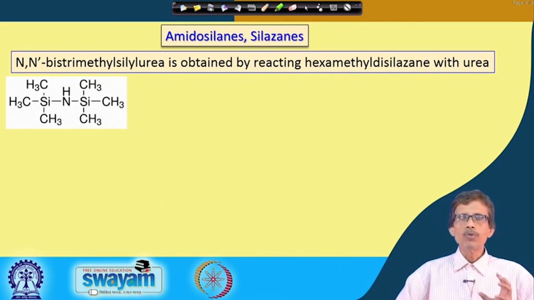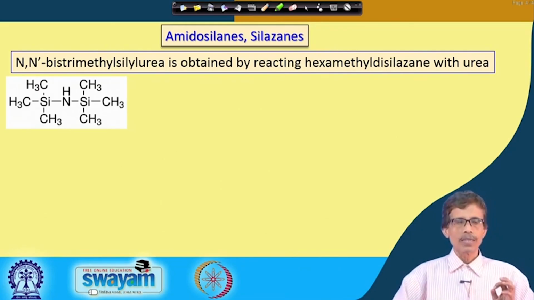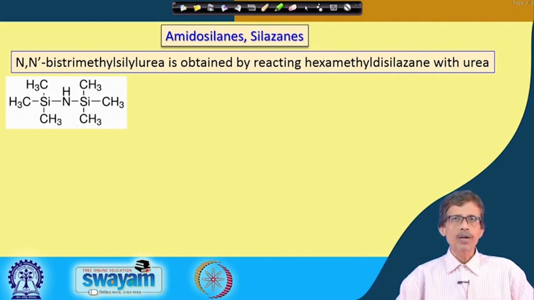So instead of methyl you now have the trimethylsilyl function. So trimethylsilyl at one end and another trimethylsilyl function at the other end, basically giving a typical secondary amine function, as we know dimethylamine or diethylamine, where you have 2 alkyl groups on both sides of the nitrogen, making it R2NH.